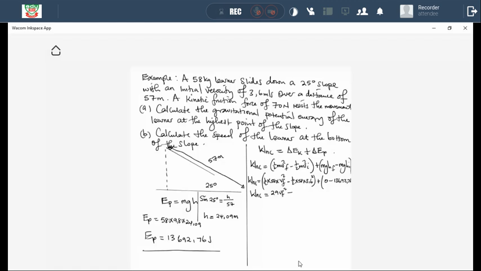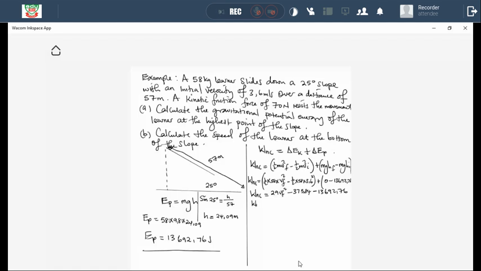I'm getting 375,84, minus 13692,76. We can actually collect like terms there, just to save time.